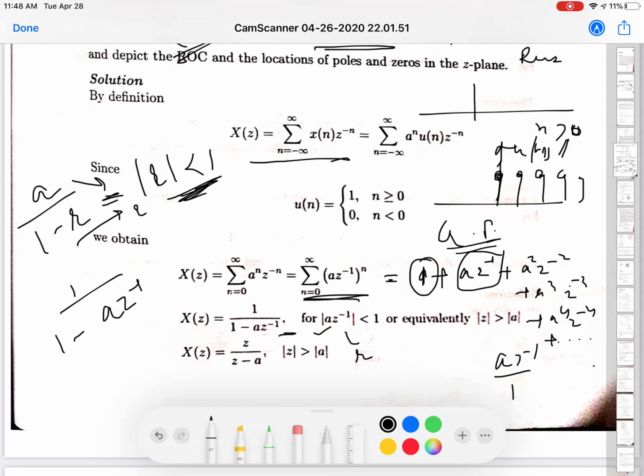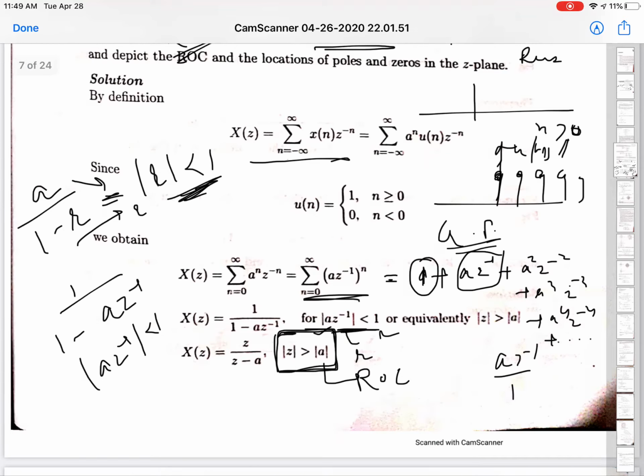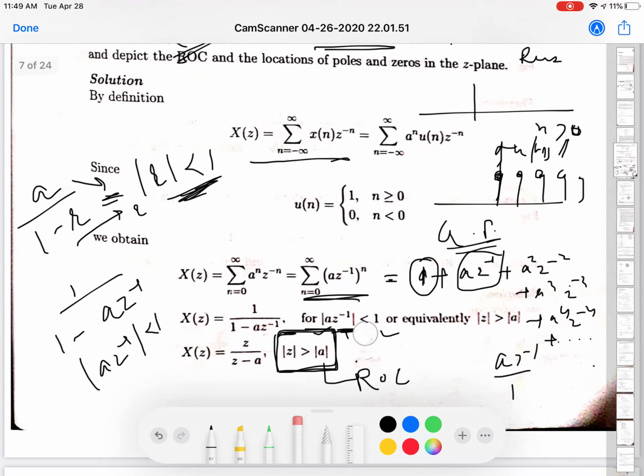You will have r as a z inverse, right? And on comparing this condition, mod of a z inverse should be less than 1. Here it is. Okay, now it can be written as mod of z greater than mod of a, and it is the region of convergence.